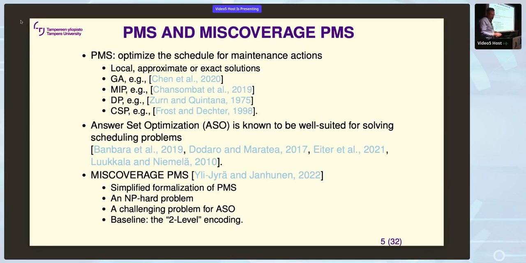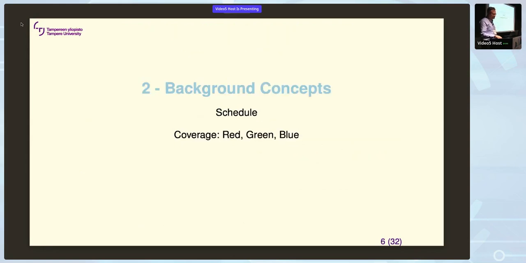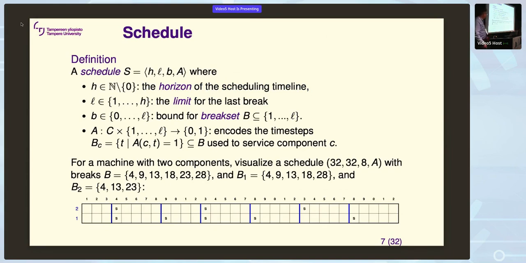We showed it was NP-hard and provided a baseline encoding for that. So I would like to now call your attention to this part of the slide. Here you have a formal definition, but I'm not going through this. Instead, you get the idea when I explain this grid here.